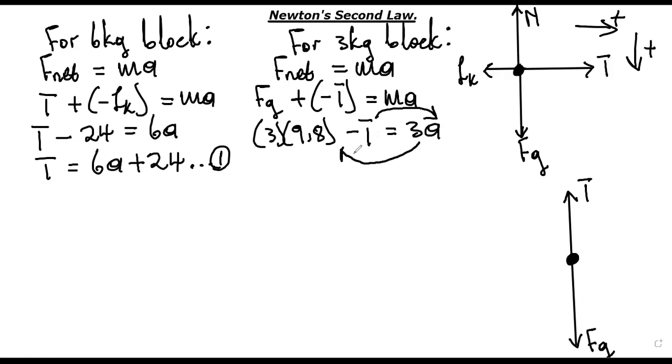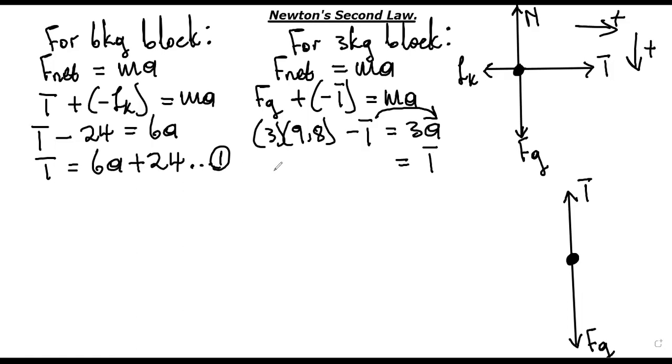And then we take this 3A to the left so it becomes negative. The aim is to solve for the tension. You could have decided to take this one to the right, and then you divide both sides by -1. It's up to you. But I'm just going to take the tension force to the right.